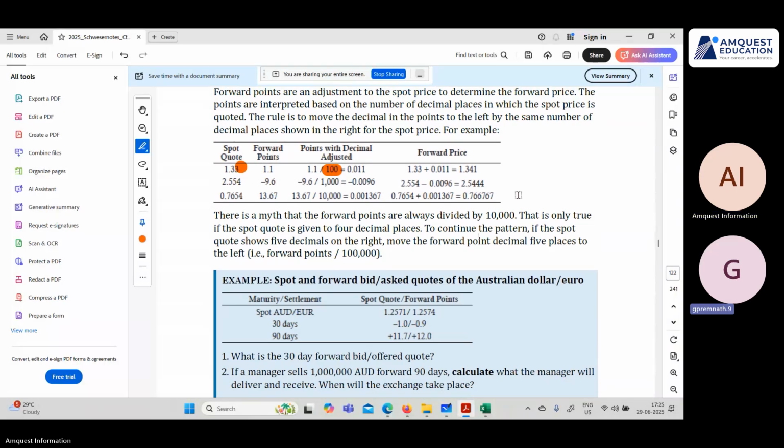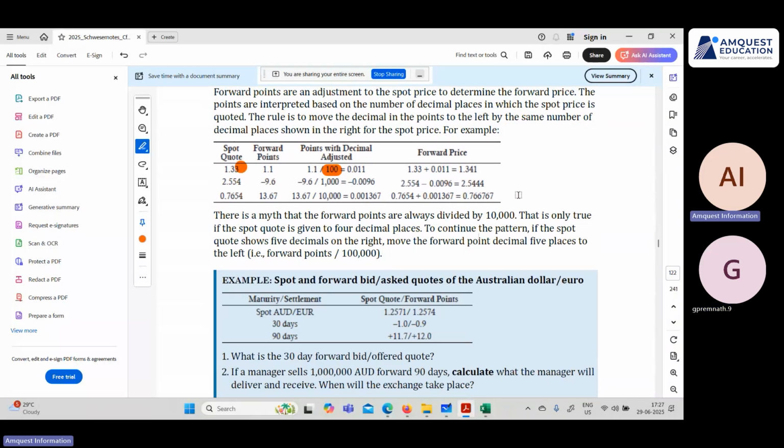This is effectively 1.25771 plus 0.00017, which is effectively 1.25827, and the reciprocal of that. So he will sell 1,000 Australian forward and buy 794,700 euros. I don't know what I've done, but basically the forward price he will sell it for is 0.7947.